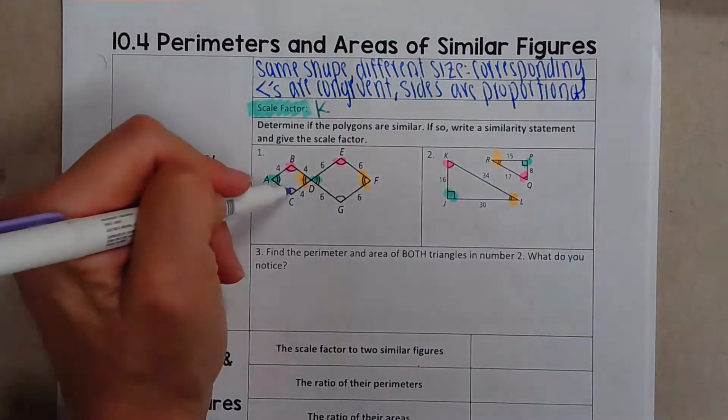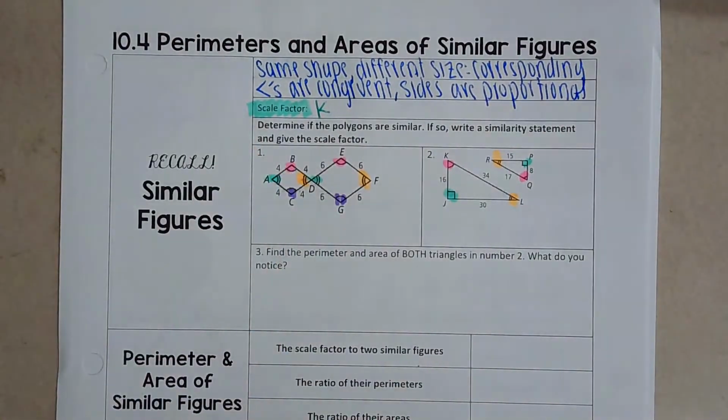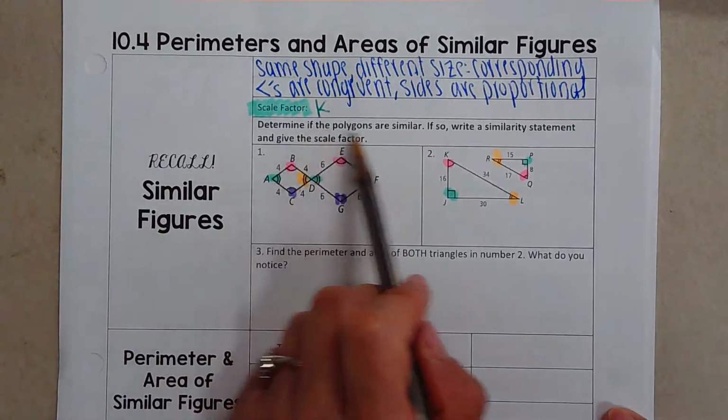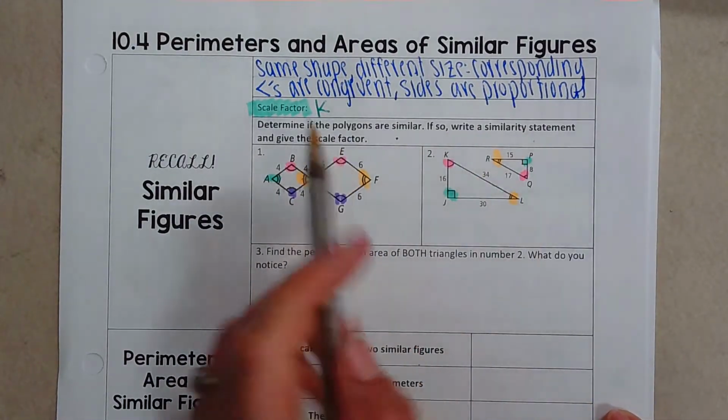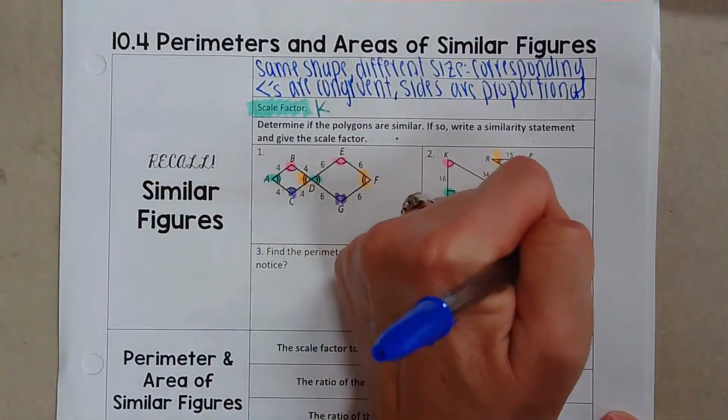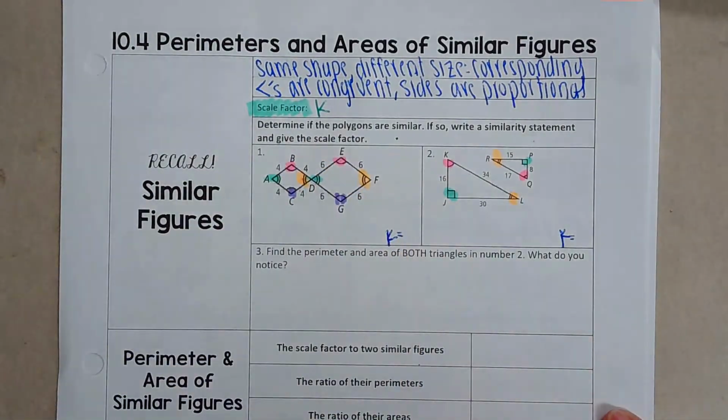And I guess purple for this one. Okay, so what I've done is I've marked all the corresponding sides. Now it says determine if the polygons are similar. If so, write a similarity statement and give the scale factor. So we will write K if they are similar, and we'll write our scale factor right here.